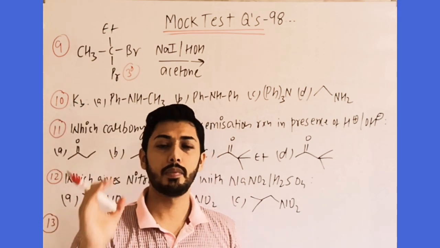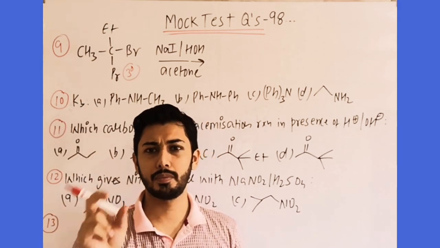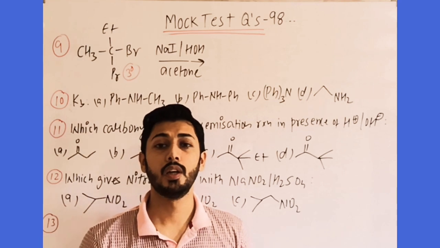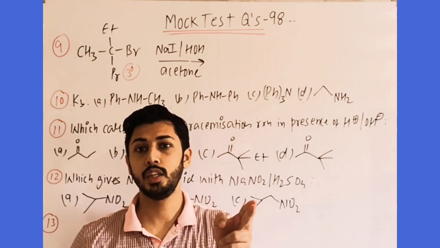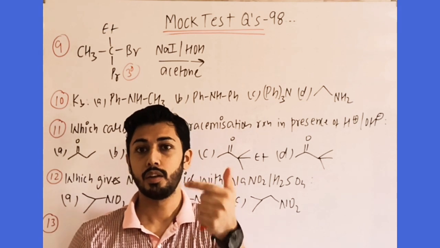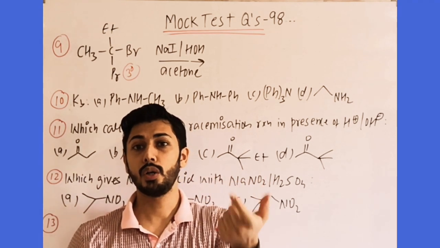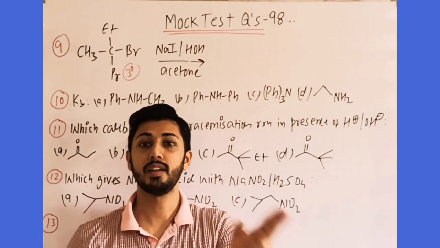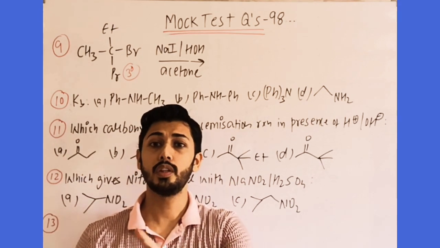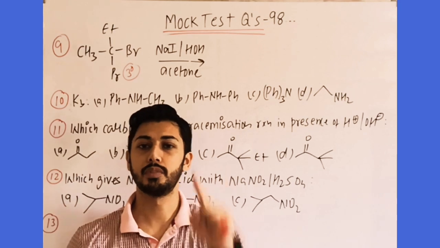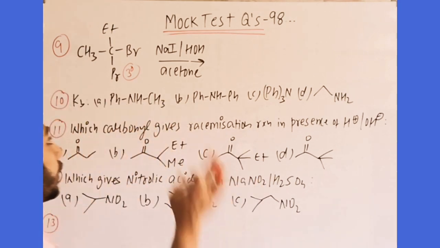In that last column, I have mentioned that tertiary has no SN2. Tertiary with strong nucleophiles like I minus, SH minus, which are strong nucleophiles but weak bases, also goes by the SN1 mechanism. You can use that point here directly.